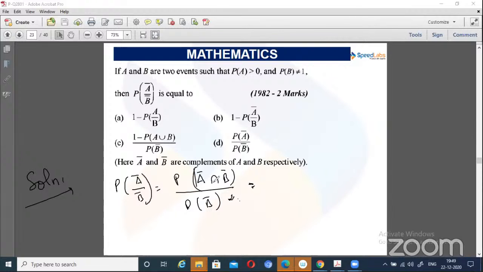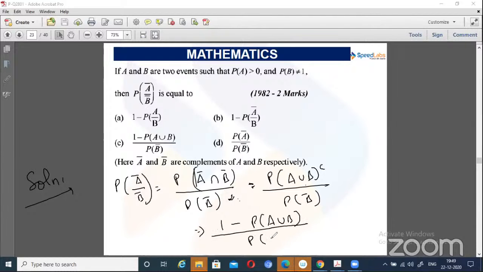So if you go by the De Morgan's theorem, this will be equal to P of (A union B) complement upon P of B complement. And what is (A union B) complement? That is equal to 1 minus P of A union B upon P of B complement. So yes, Parth, very correct. The answer is C. Any other answers? Any other thoughts?